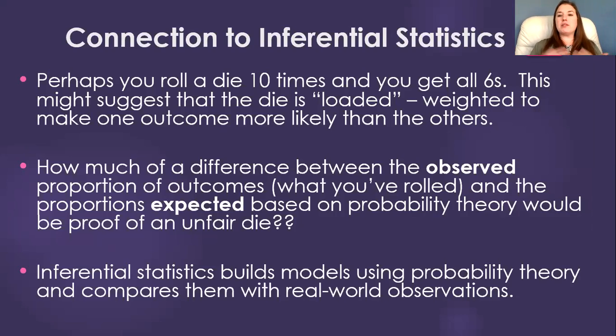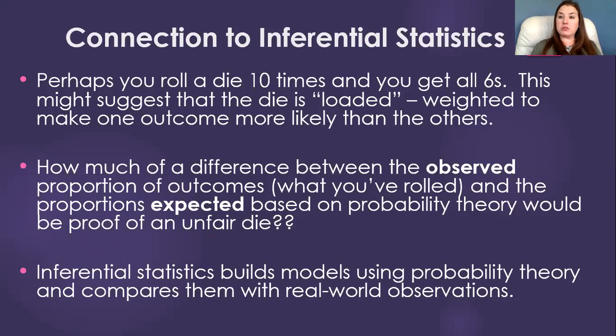Last thing is, what's the connection here to inferential statistics, right? How does this help us in terms of doing the more sophisticated statistics that will be coming? And this is what I started to talk about in the beginning, right? How do we know that anything is actually influenced by the independent variable versus just something that happens due to chance?